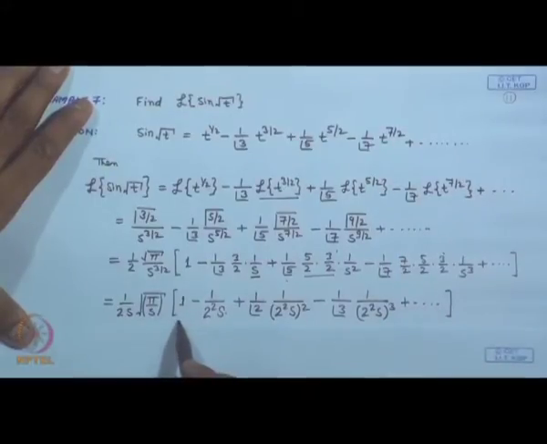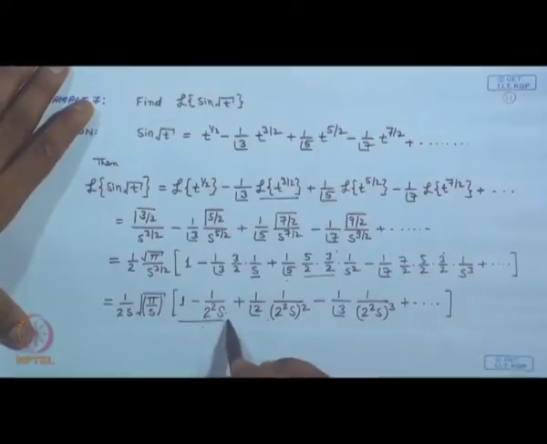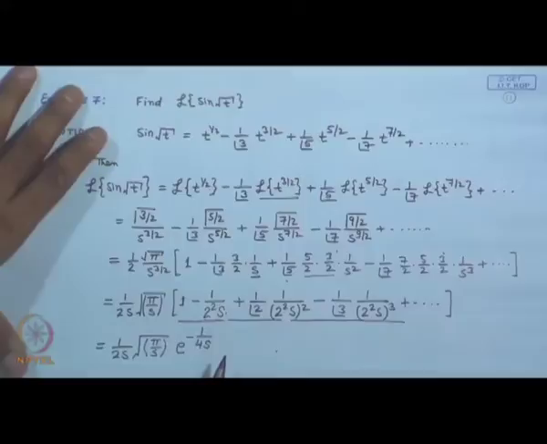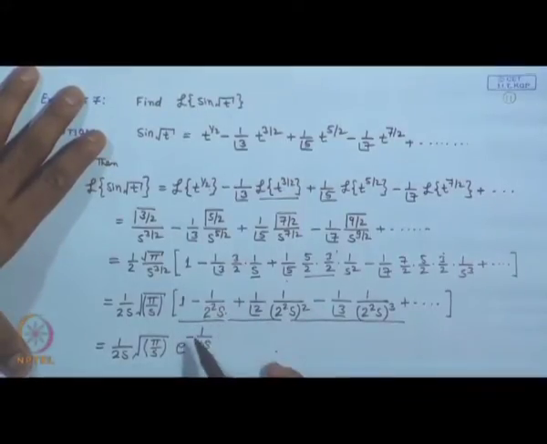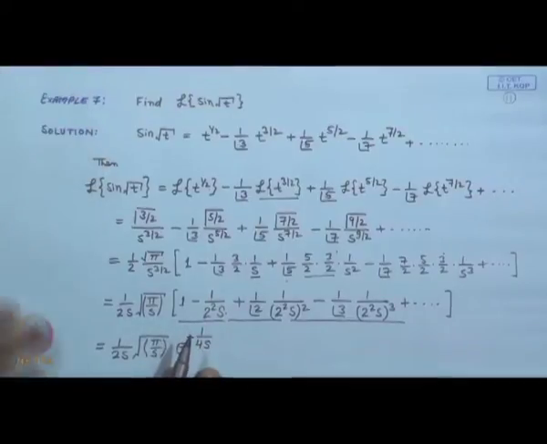And if we see here, this is obviously a convergent series, and the value is the exponential of minus 1 over 2 square s, that is minus 1 over 4 s.